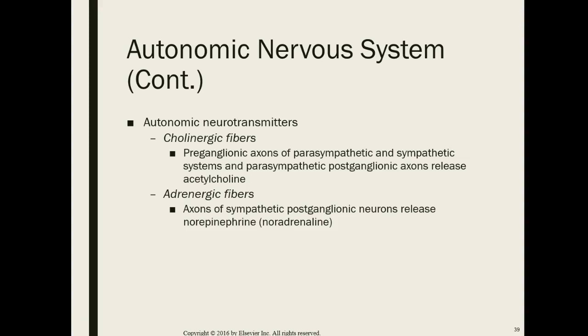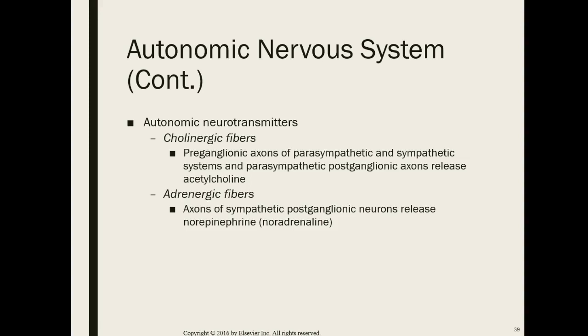So the neurotransmitters of the autonomic nervous system are a little bit different. We have cholinergic and adrenergic. So the preganglionic axons of the parasympathetic and sympathetic system and the postganglionic axons of the parasympathetic are going to release acetylcholine, while the axons of the sympathetic postganglionic neurons are going to release norepinephrine.